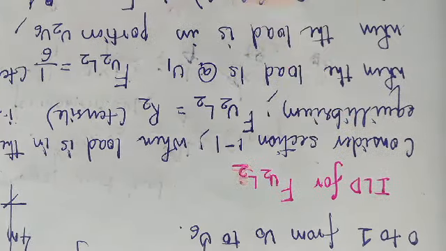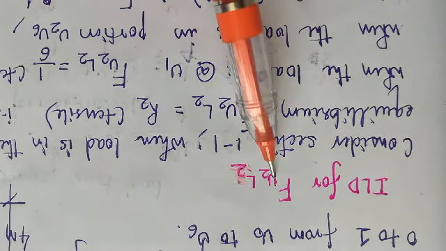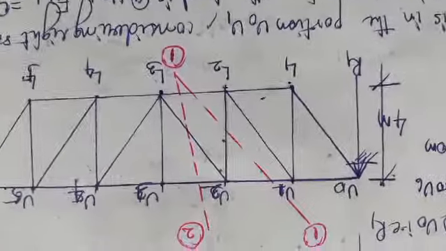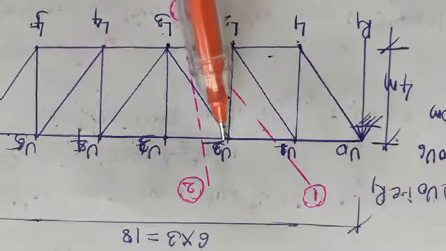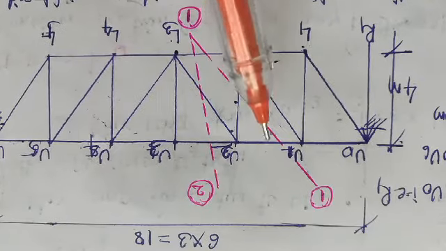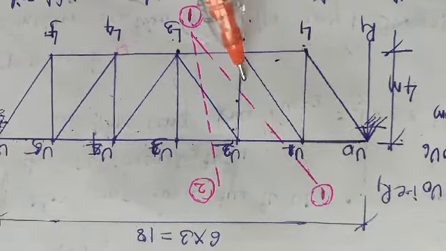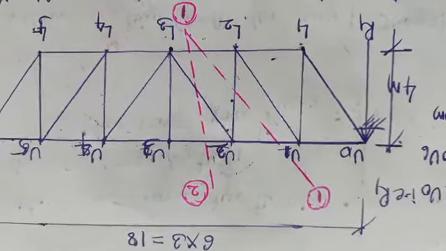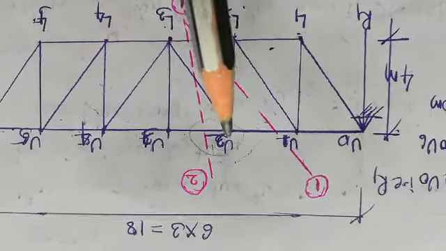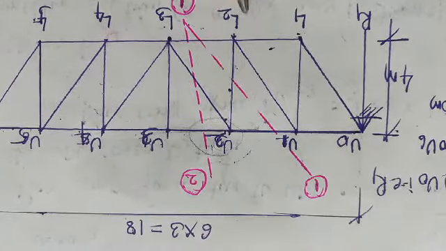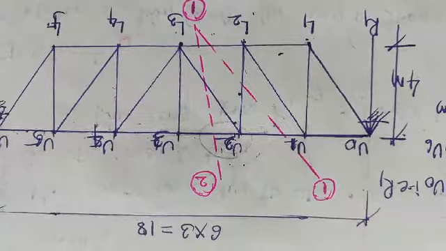Okay, let us calculate the influence line diagram for F, U2, L2. So we take a section that cuts a minimum of 3 members, and what kind of joint is U2? At U2 you have the horizontal, vertical as well as the inclined member.